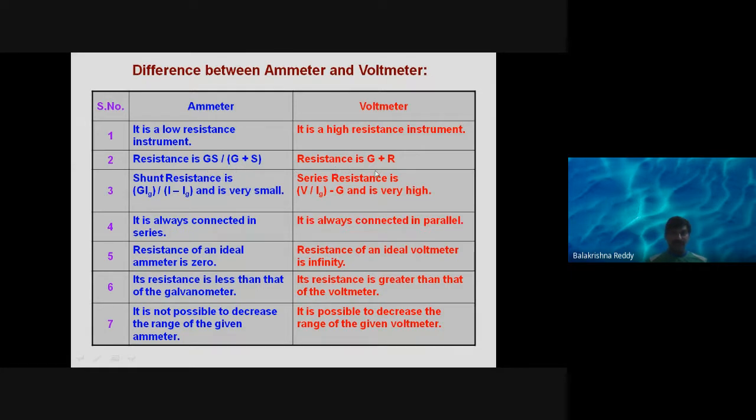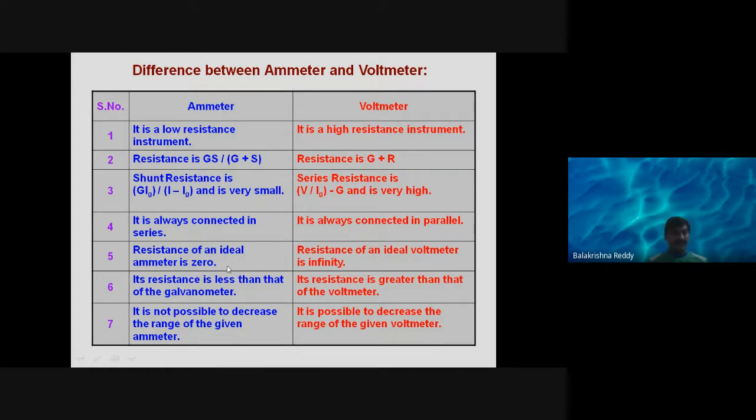For the voltmeter it is the series formula, G plus R. The shunt resistance formula is G into Ig by I minus Ig, which is very small, and the series resistance is V by Ig minus capital G, which is very high. The ammeter is always connected in series, and the voltmeter is always connected in parallel.